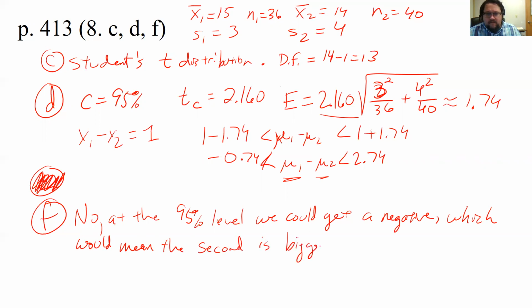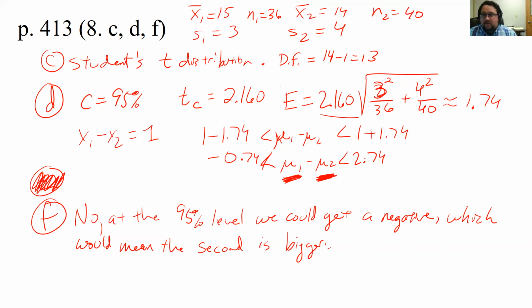So I can't for certain say that the first one's bigger, not at this level of confidence. I can only say that it's more likely. I mean, there are more numbers on the positive side than the negative side, but there's still a possibility you could get a negative value, which means the second one would be bigger. So I can't for certain say the first one is bigger.